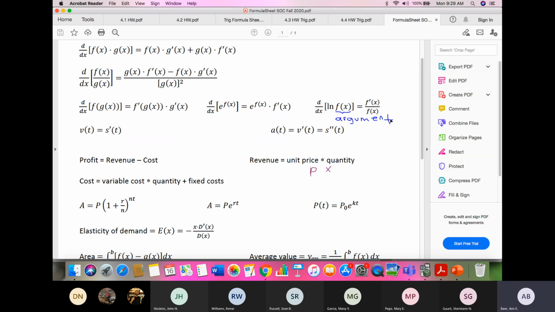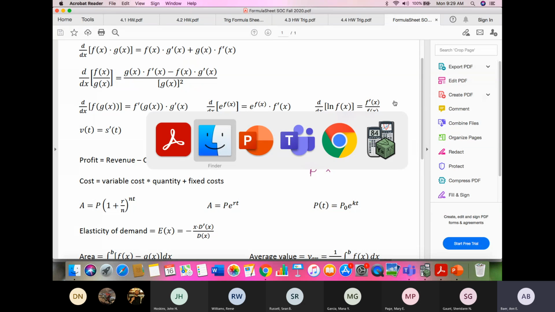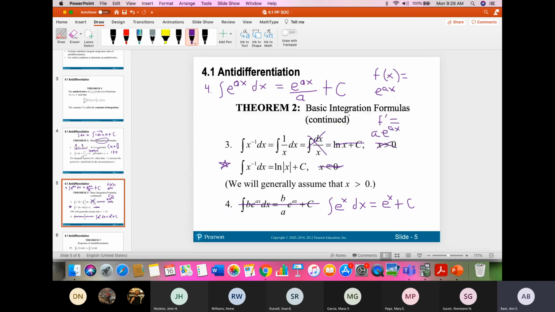This brings up a very good point, and I kept thinking about it, and each time I thought about it, I didn't state it: the antiderivative rules are not on the formula sheet. So you will need to know them. So I wanted to check the formula sheet there, and let's go back over here.